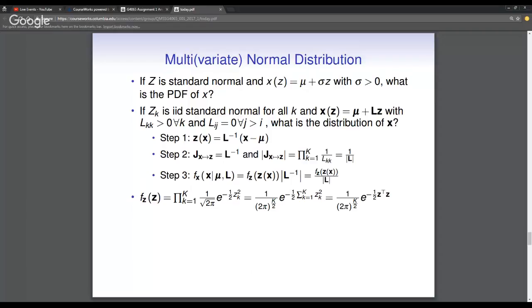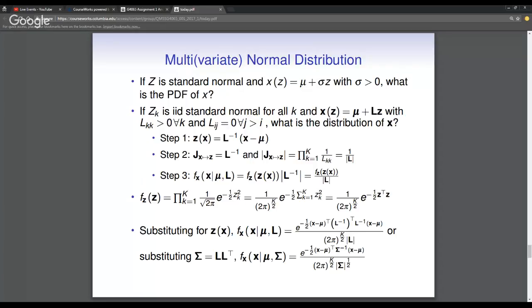The sum of squares of z, I can write in terms of a vector as z transpose times z. So this is the form of the PDF of k independent standard normals that I want to stick my expression for z in terms of x into, that being L inverse times the quantity x minus mu. So substitute that.